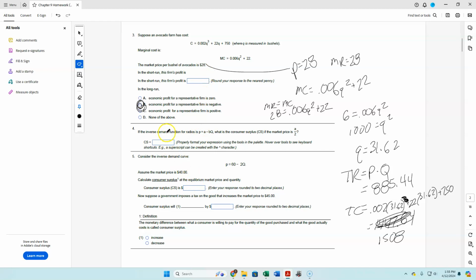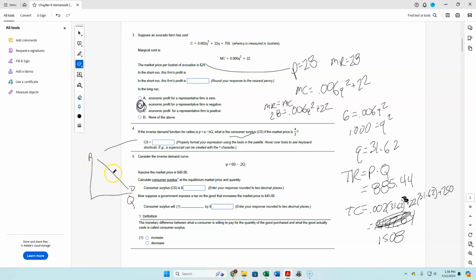Okay, now I've got an inverse demand function. Usually what I like to do is try to draw things out, because it's difficult sometimes to make sense of the numbers if you are missing things here.